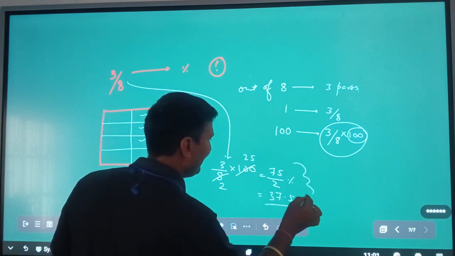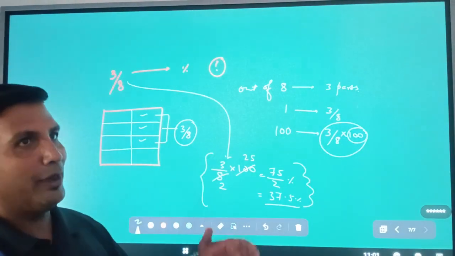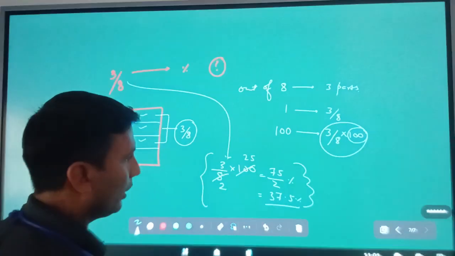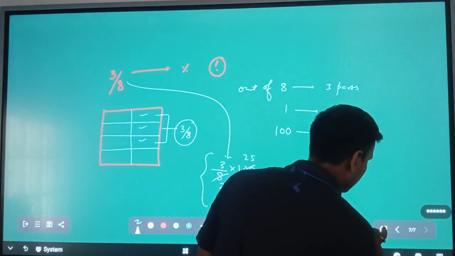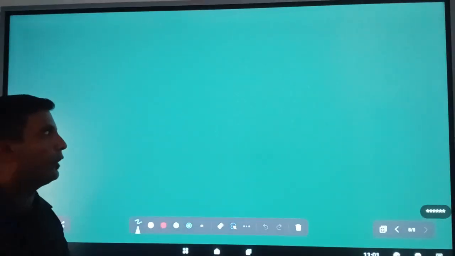So this is the basic funda of percentage, when a percentage is converted into fraction and fraction is converted into percentage.